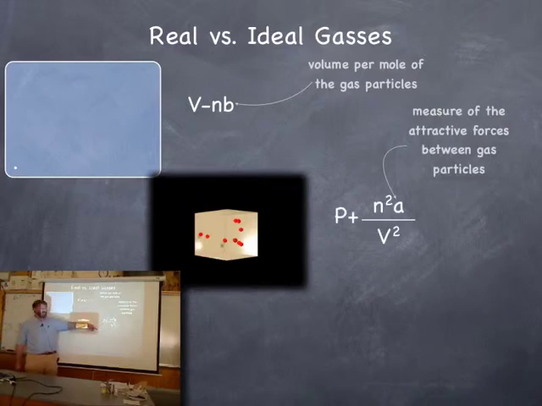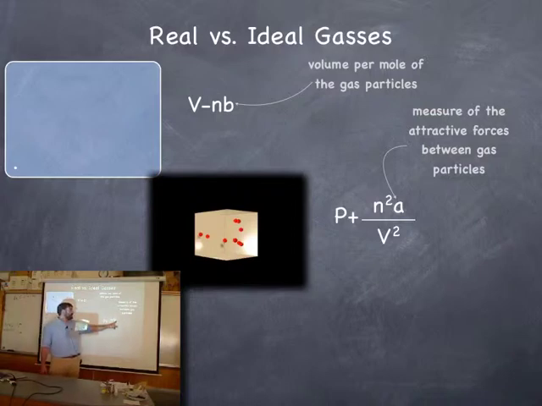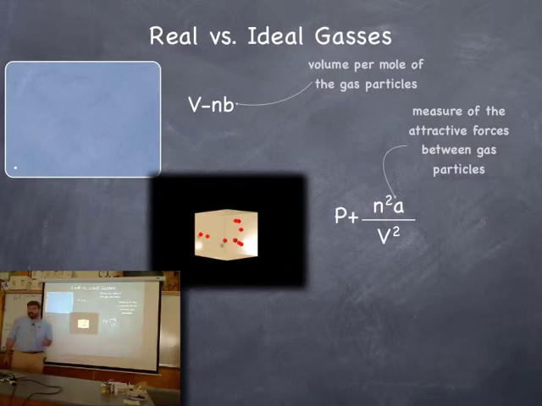Now the corrective factor depends on the number of particles, the volume available to those particles, and some factor A, which measures the attractive forces between the particles. The greater the attractive forces, the greater this A value will be. The greater the B value, the larger the volume the particles occupy.